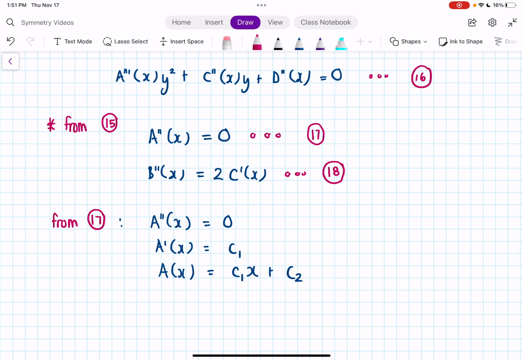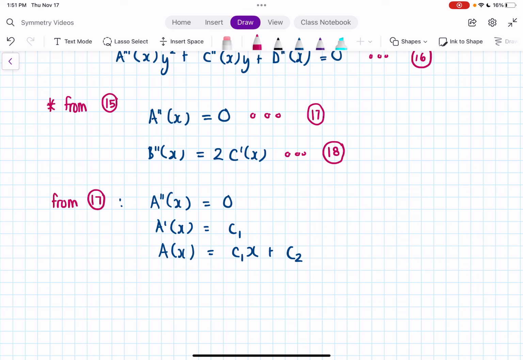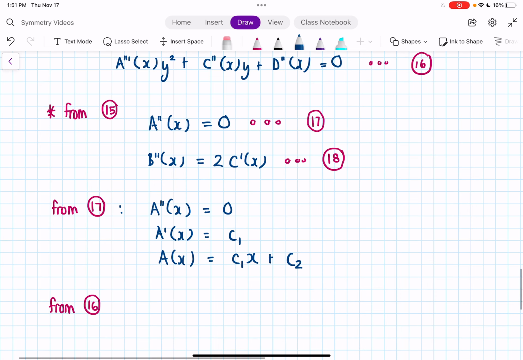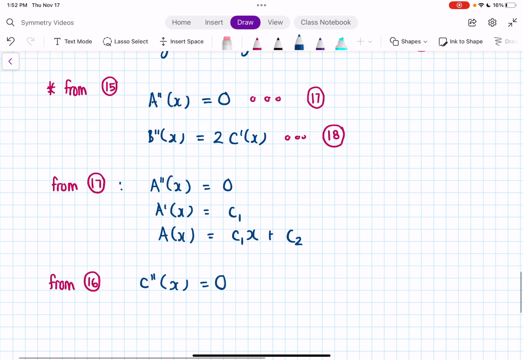16. So from 16, we don't need to worry about the a triple prime because we already have a. So we're just going to leave that alone. And we're going to move on to look for C and D. Now, remember, I needed C in 18.